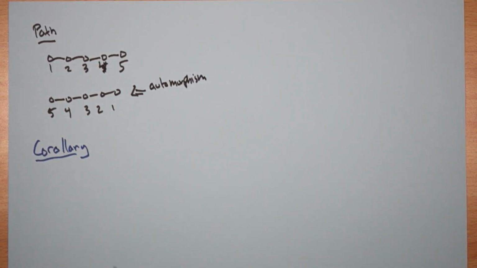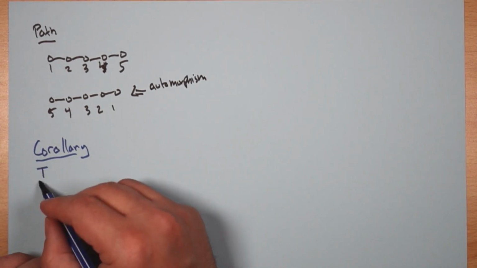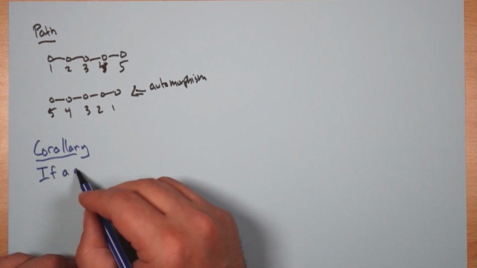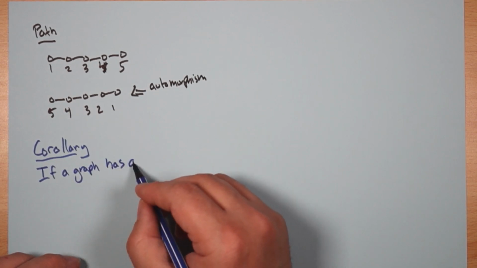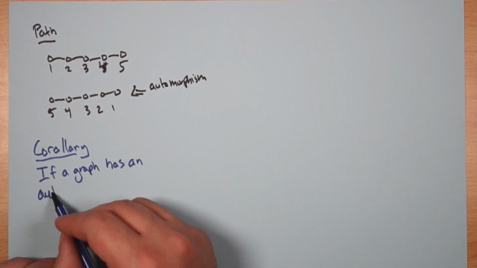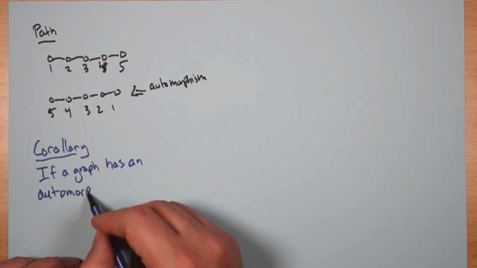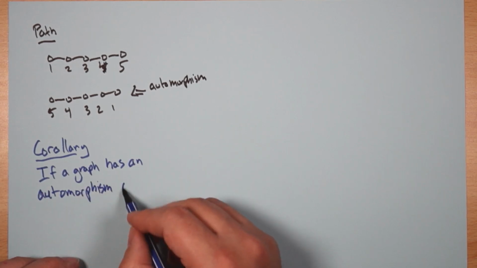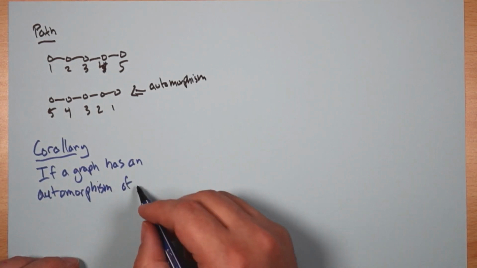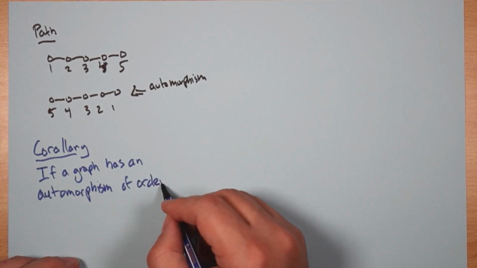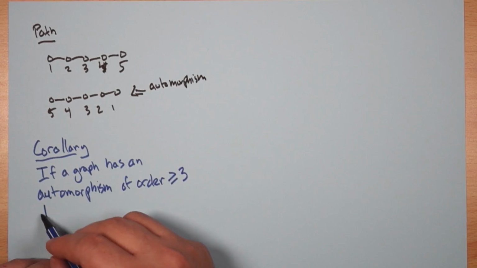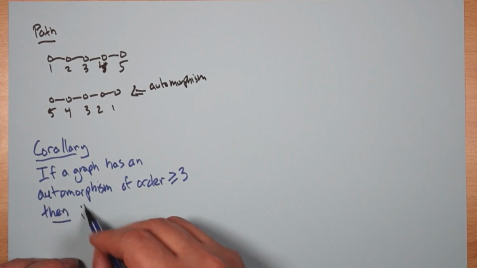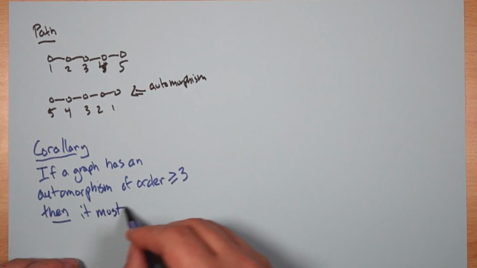So the corollary says, if a graph has an automorphism of order at least 3, where the order is how many times it takes to get back to where you started, then it must have a repeated eigenvalue.